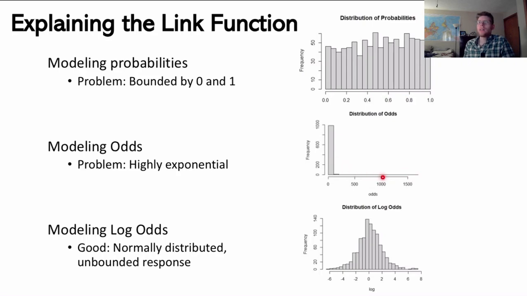So this is going to be a highly exponential distribution. But then if I take the log of this distribution, it's actually going to turn into a normally distributed variable centered at 0 and extending out in either direction without a bounding. And this log odds is a distribution that I can very easily model with a linear equation.